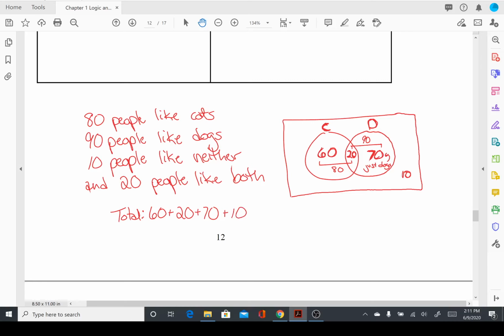That overlap region got counted twice. If I were to add all this up, I would get 160. If I had instead added the original numbers up, 80, 90, 10, and 20, I would have gotten 200.